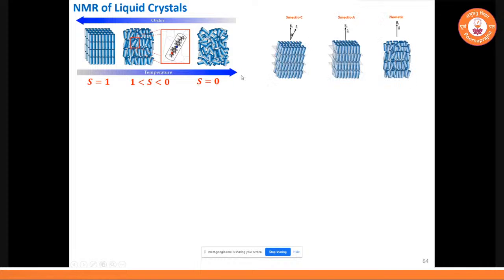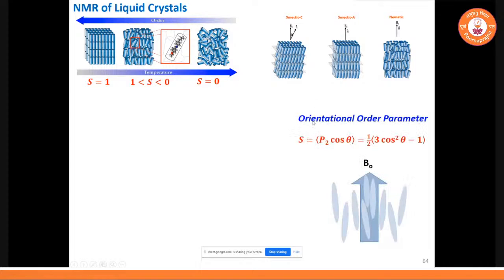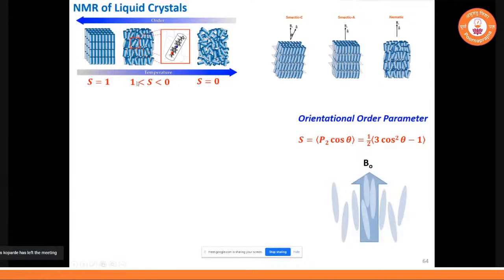That's why liquid crystals are usually characterized in terms of orientation order parameter. For solid, this order parameter is 1, whereas for liquid the order parameter is 0. A liquid crystal can have an order parameter somewhere between these 2 extremes.